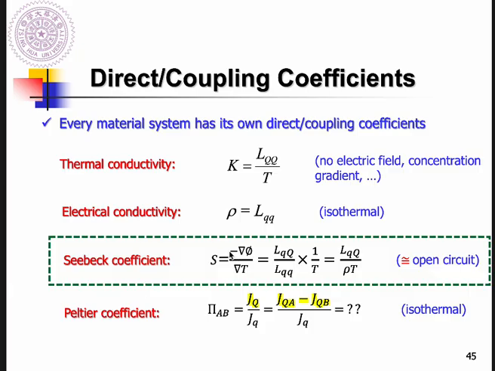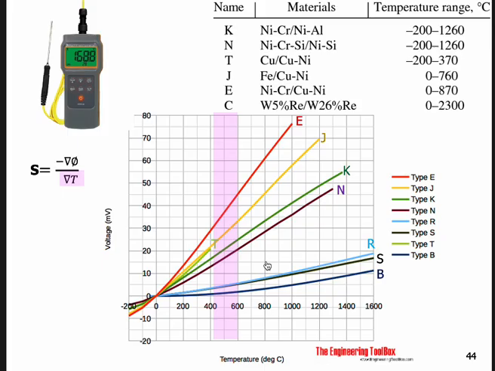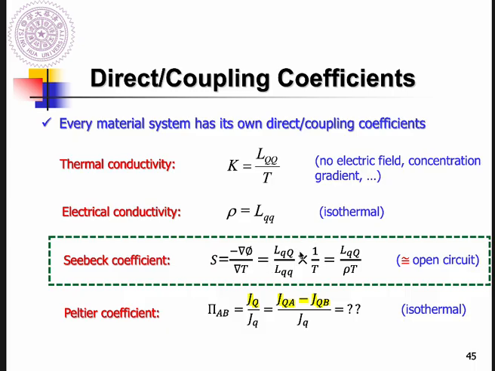Also, don't forget the negative sign. After the derivation, we confirm that the Seebeck coefficient S equals L_q,Q divided by sigma T. And in order to measure the correct Seebeck coefficient of your material of interest, don't forget it should be an open circuit, which means you can connect to a voltmeter or potential meter, which also works.